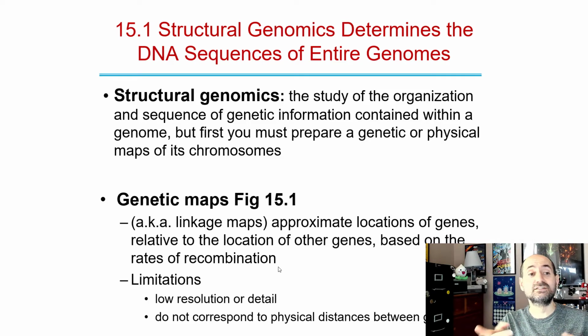Remember, he would take flies and look at rates of crossing over of linked genes, and by looking at rates of crossing over, he was able to determine how close those genes are on the chromosome. And then he would look at double crossovers, and he would determine that a gene is between two alleles, and by doing so, you could map out a chromosome.